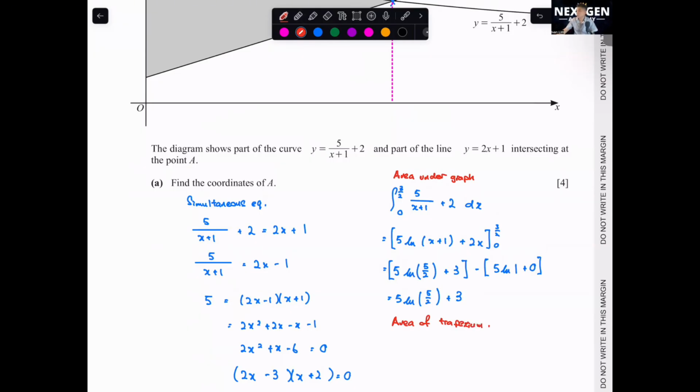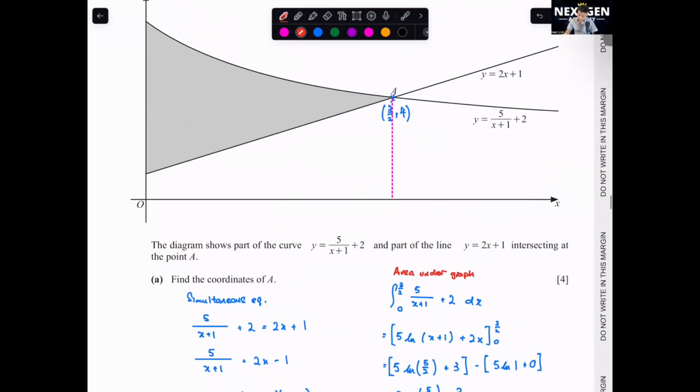Okay, what is the area of the trapezium? 2x plus 1. This part here is equal to 1 because this is the y-intercept. So we can use trapezium. This is 1. This is equal to 4. Then the height is equal to 3 over 2.